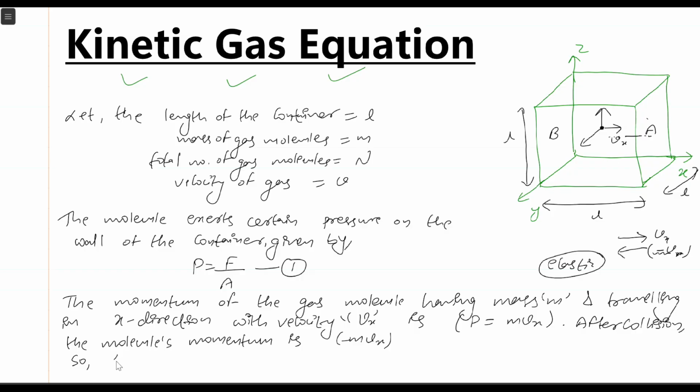So the change in momentum, del p, means final momentum minus initial momentum. Final momentum is this one, minus mvx, minus initial momentum, mvx, which is equal to minus 2 mvx. So del p, the change in momentum, is minus 2 mvx. Let's consider this to be equation number 2.